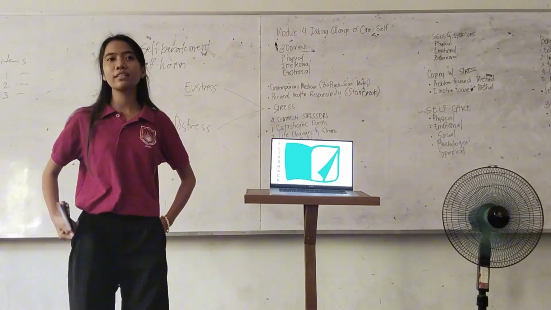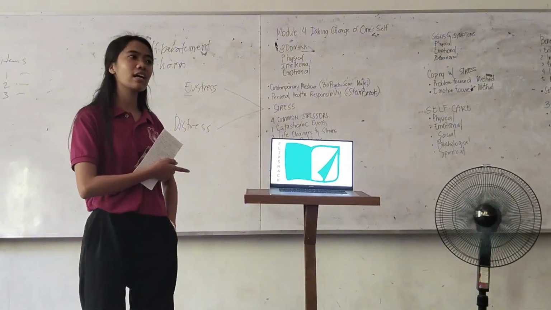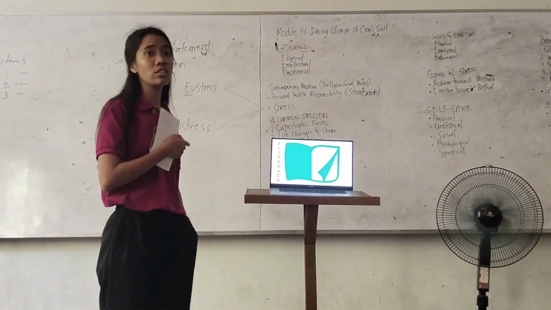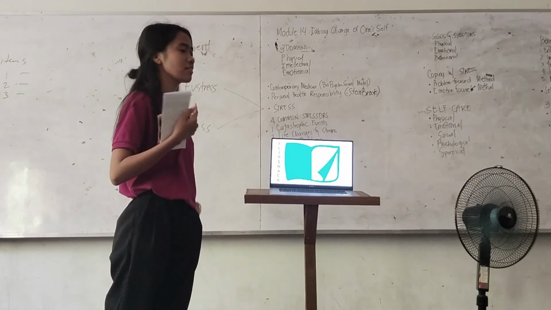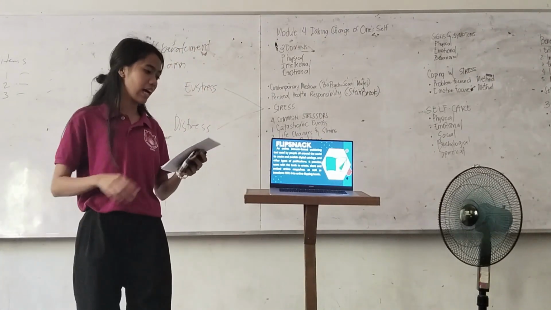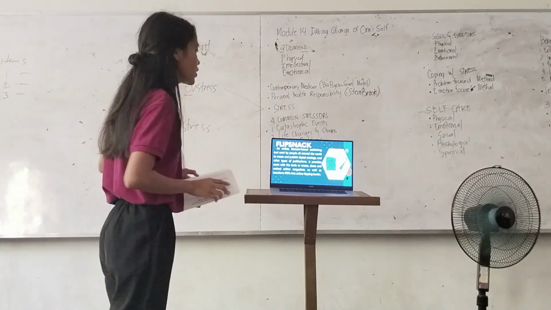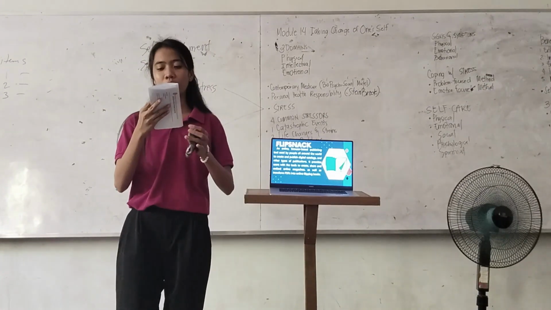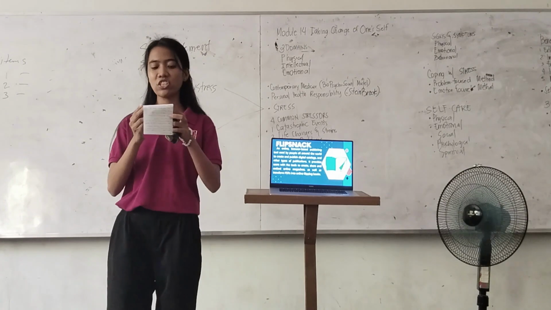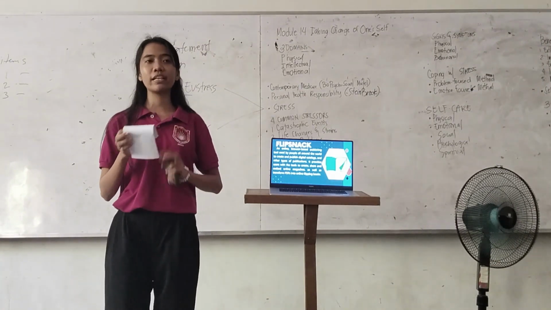For the next technology tool, we have the FlipSnap. FlipSnap was already reported last meeting. So for the additional information, FlipSnap is an online browser-based publishing tool used by people all around the world to create and publish digital catalogs, magazines, brochures, and other types of publications.